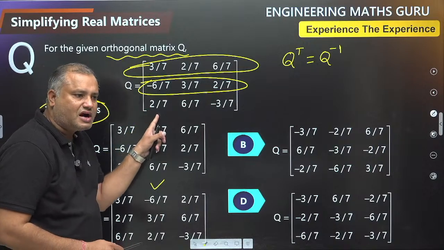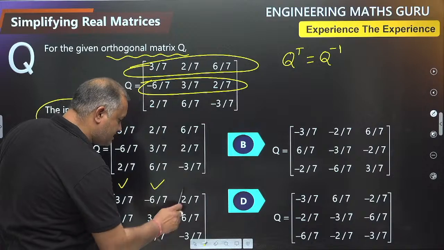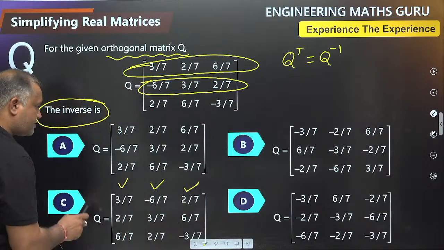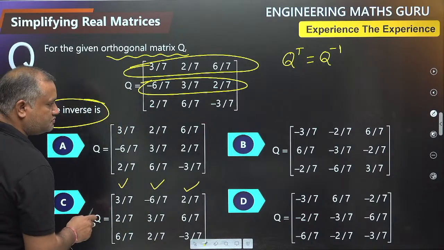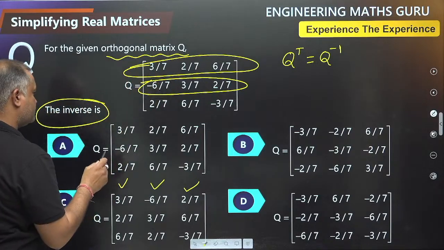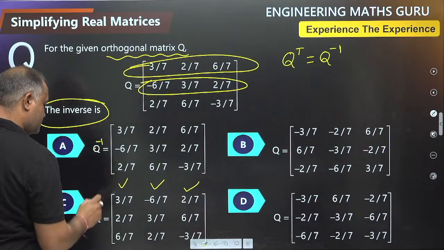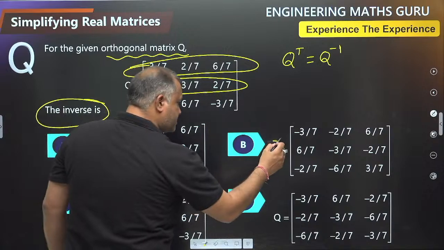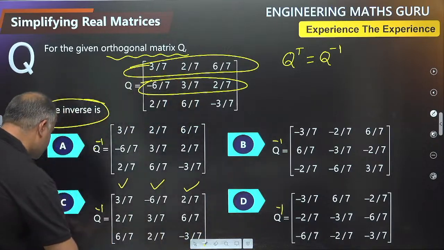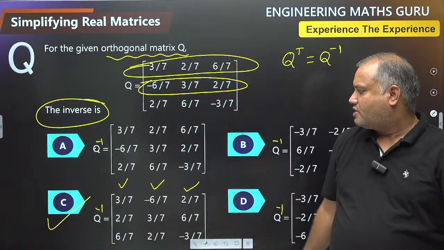Third column is the third row: 2 by 7, 6 by 7, minus 3 by 7. So we can say that for the given orthogonal matrix Q, the inverse, which option is correct? Tell me. So option C is the correct one. नाचते गाते लगा दीजिए, just strike option C.